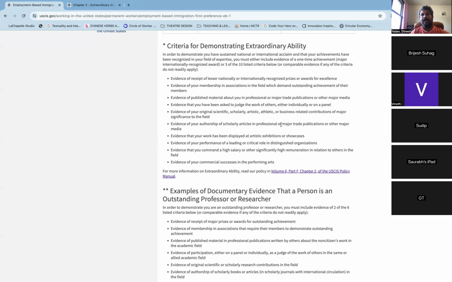Now, coming to the part of preparing your documents, we'll talk about that. But just going through the filing process, the process is very similar to what it is for EB2 or EB3, any of those.